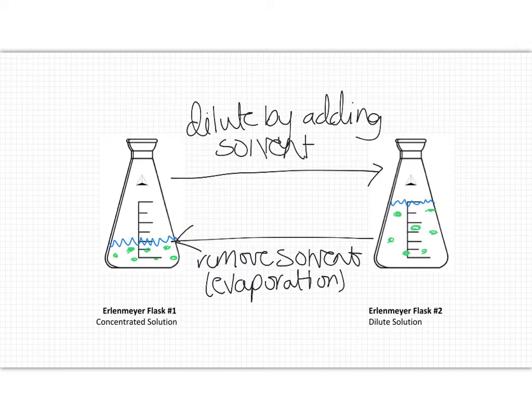Another way that we could do this, if we didn't have the time to wait, is to keep the same volume and add more solute. Okay. We'd have to know how many particles are here though, just so that we could calculate our concentration.